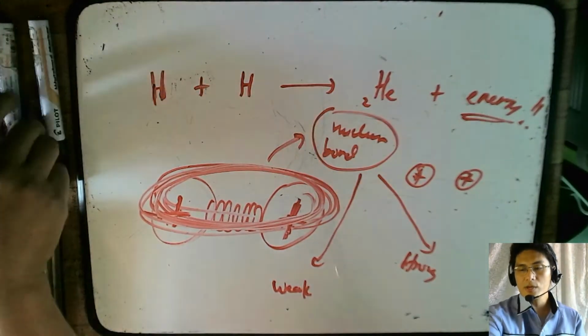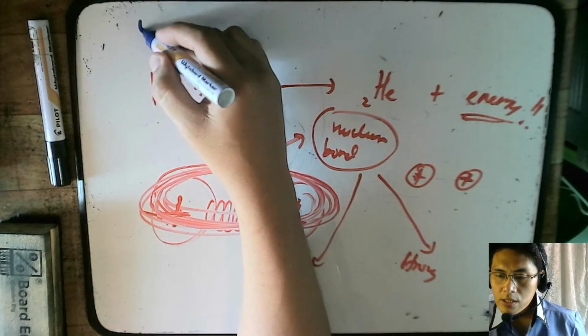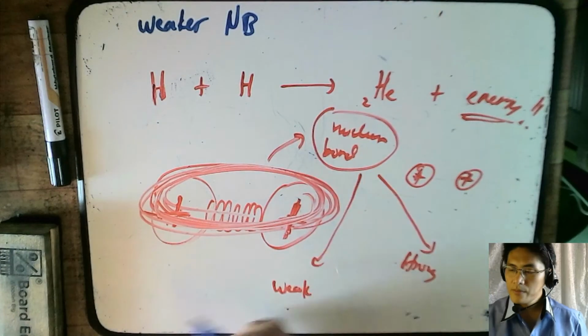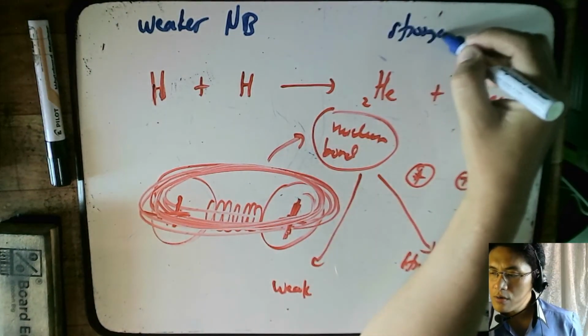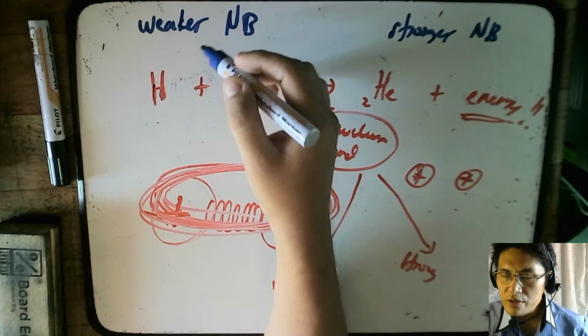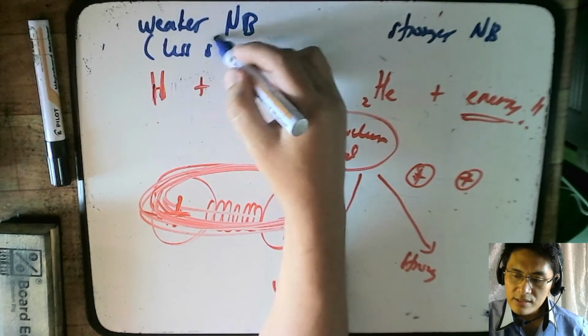Meaning, what is my point? My point is, if we have a weaker nuclear bond compared to a stronger nuclear bond, a weaker nuclear bond represents an atom that is less stable.